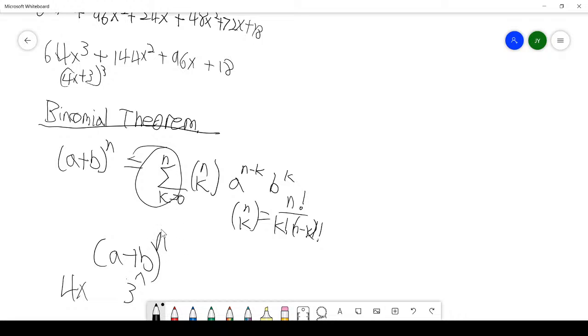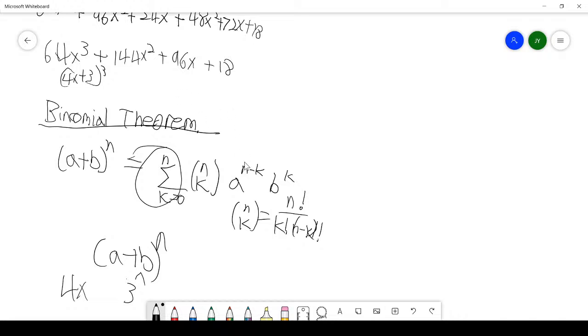And when k reaches n, the series stops. This n choose k thing is a separate part, equal to n factorial over k factorial times n minus k factorial.